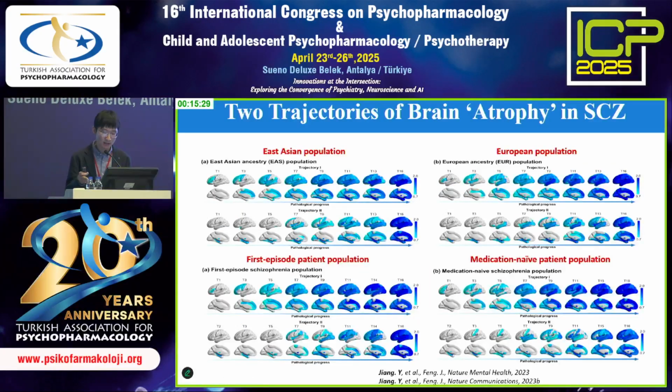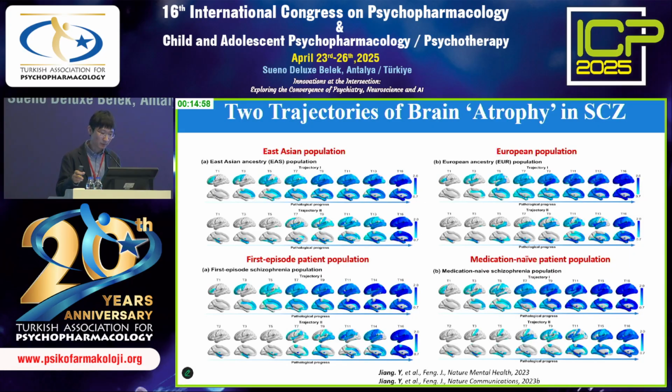In another validation work, we also found the two trajectories using different data and samples from worldwide. In the Asian population, we used patients from China, Japan, South Korea, and Singapore. We replicated the two distinct trajectories of brain atrophy in the East Asian population and the European population.